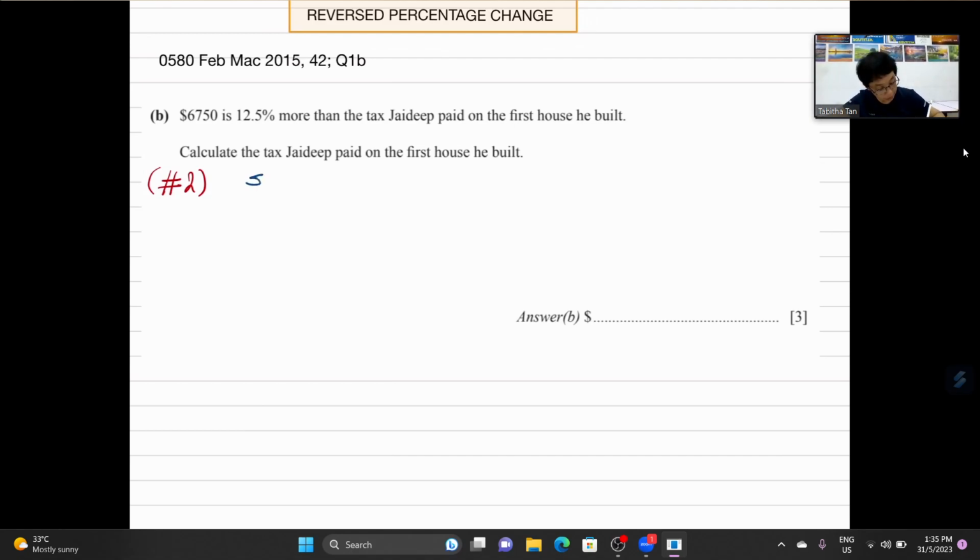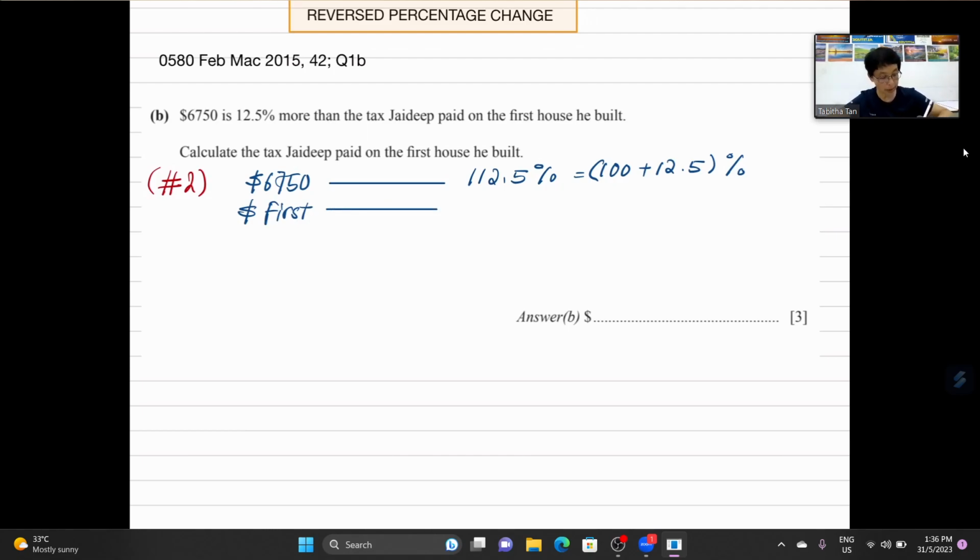The 6,750 is associated with 112.5%, and this comes from 100% plus 12.5% more, correct? And then you want to find the tax for the first house, so you associate this with 100%.